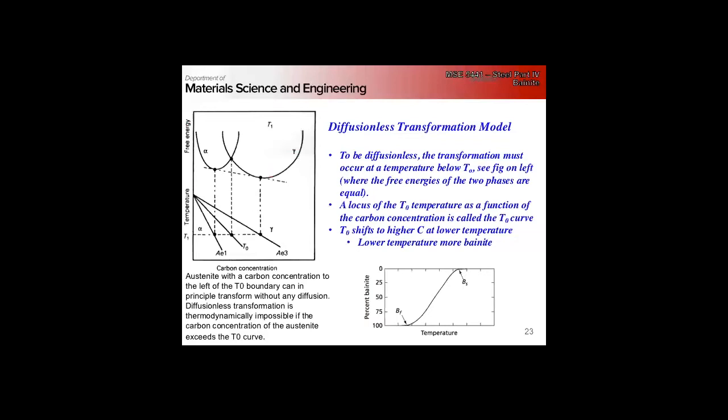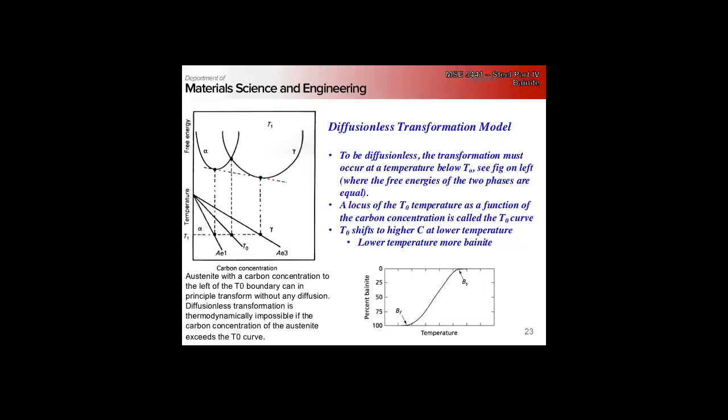So this T0 curve shifts to higher values of carbon, higher percentages of carbon, as our temperature goes down. Then we have two curves here, our equilibrium lines, which are basically given by the common tangent construction.